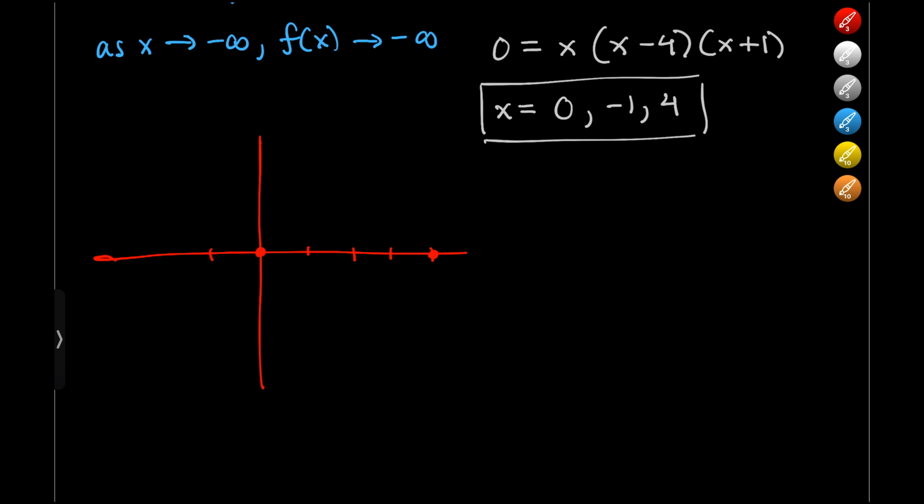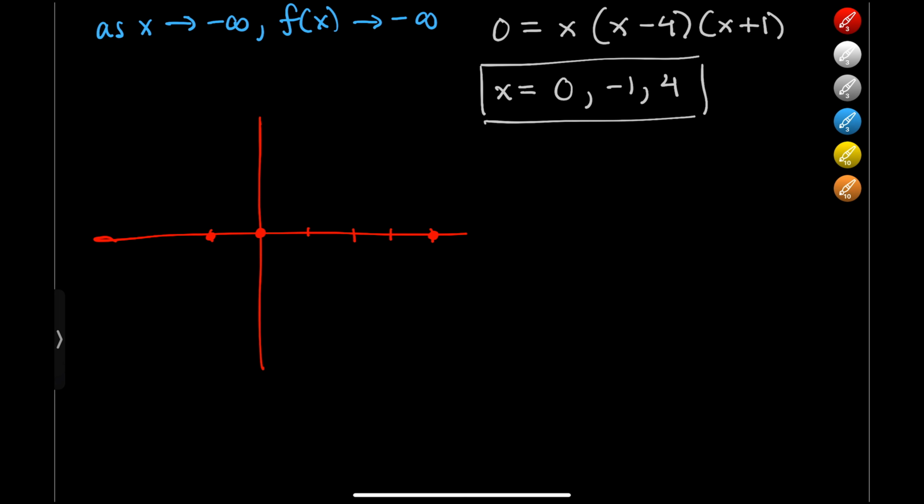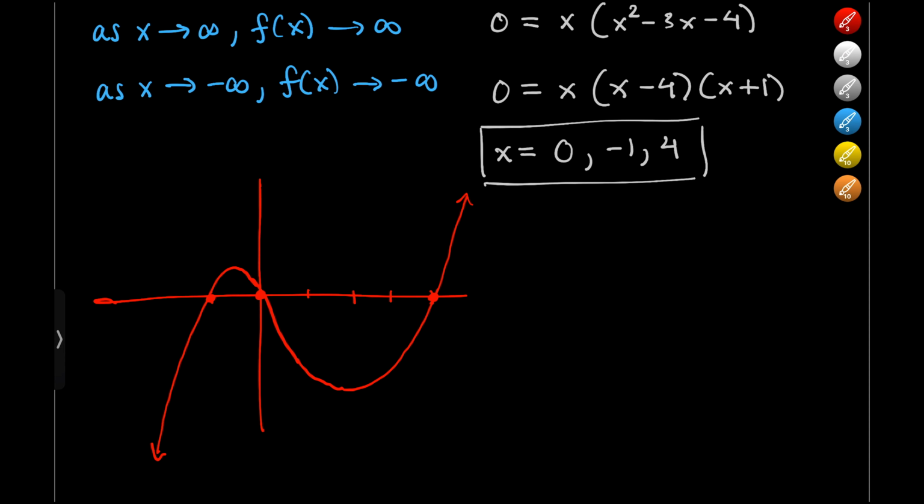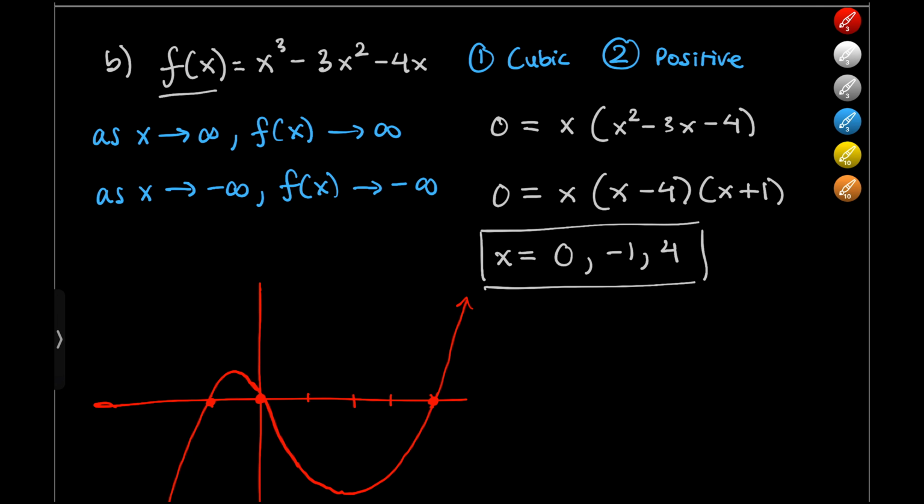And we also know that it starts out from the bottom, goes up like this, and if there's a 0 there, then it has to go back down, and then after that it has to go back up to this third 0, and it'll go all the way up like that. So this is a rough but almost accurate graph of f of x for part B.